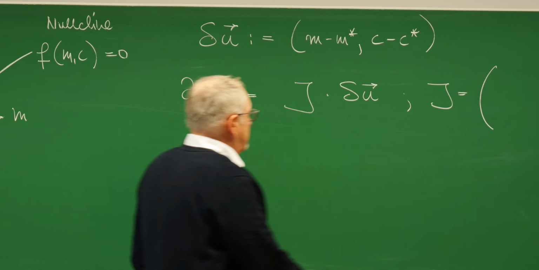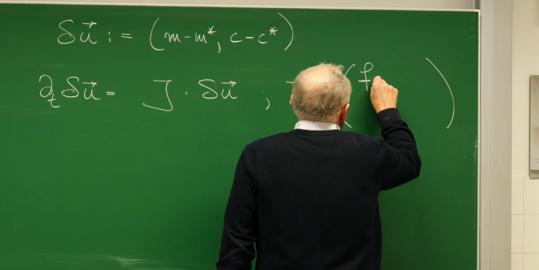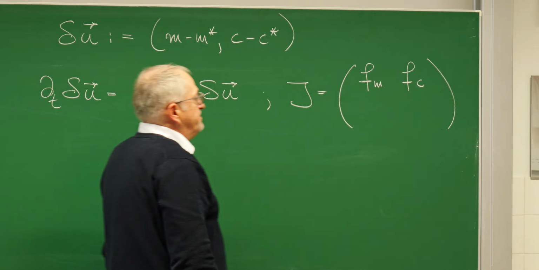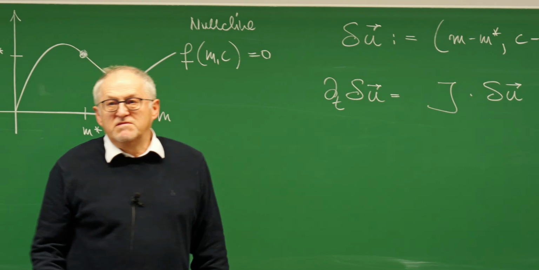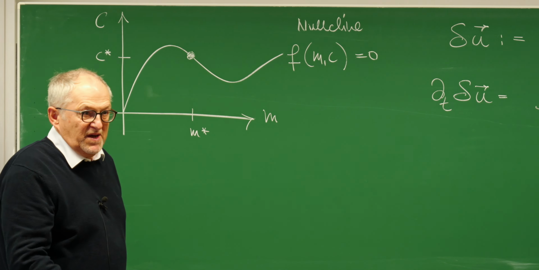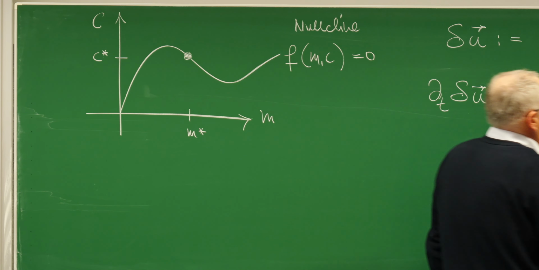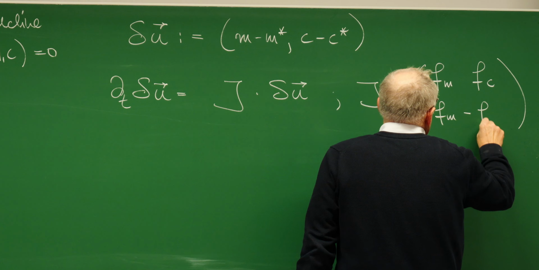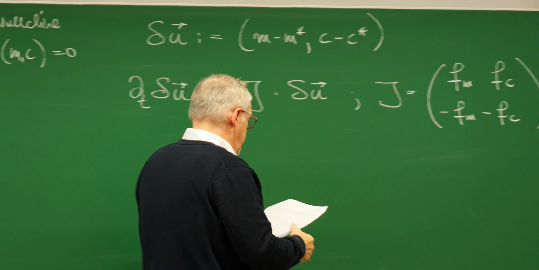So in our case, this is FM and FC. And then the second line is trivial because it's the same kind of problem, just with a minus sign. So you have minus FM and minus FC.